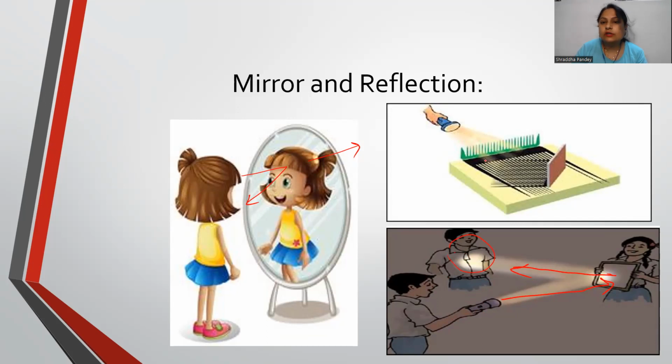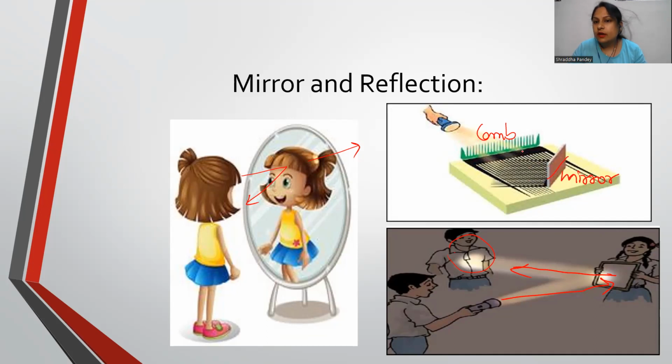Here also, take a thermocol and a comb. Fix the comb at one end and fix a mirror at the other end, and take a torch, or you can do it in sunlight also. Switch on the torch and put the rays through the comb, so a beam of many rays will be formed.